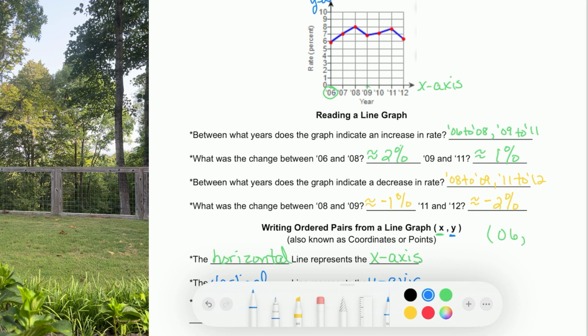All right, so our first one, the x is 06. Our y is 6. That's our first coordinate. Our second plot is 07. And the y part of that is 7.